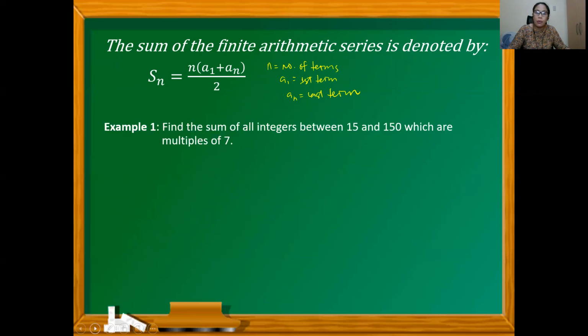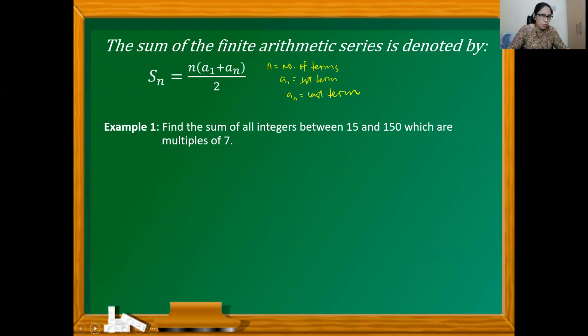For the first example, we're asked to find the sum of all integers between 15 and 150 which are multiples of 7. So we have to find out what the first term and the last term will be, and the rule here is that they have to be multiples of 7.